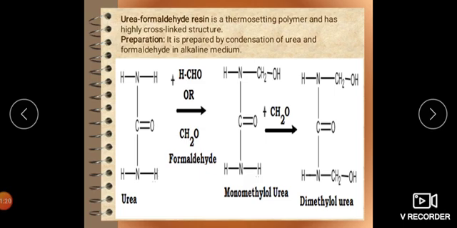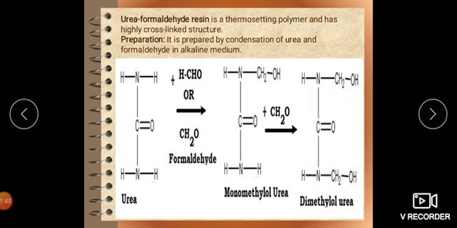In the initial stage of the synthesis, primary products are formed: monomethylol urea and dimethylol urea.